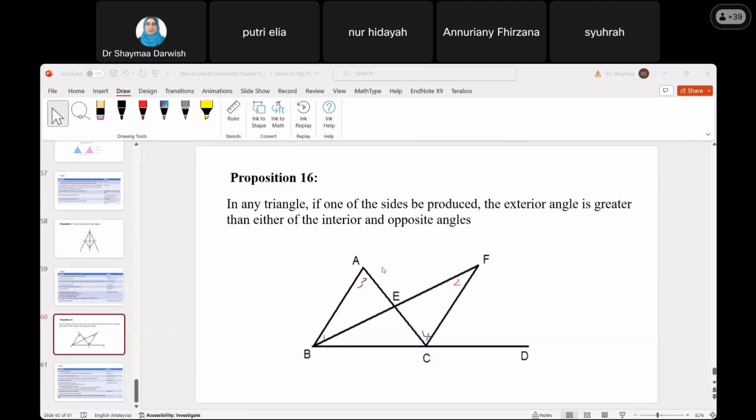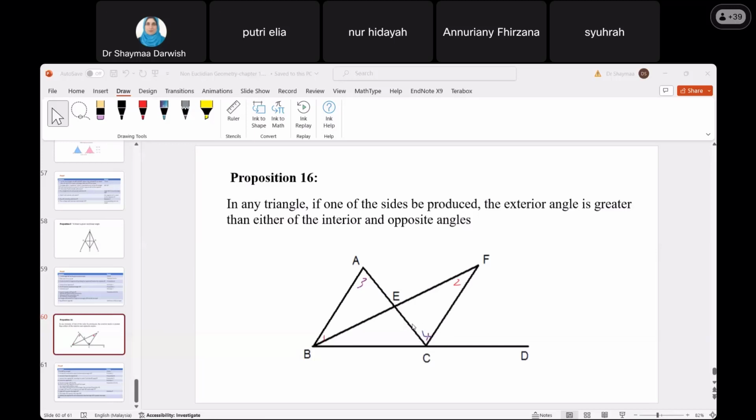If you have a triangle ABC, and one of the sides is produced, the exterior angle is greater than either of the interior and opposite angles. Which means if you have a triangle ABC and I extend one of the sides here, you will have an exterior angle.